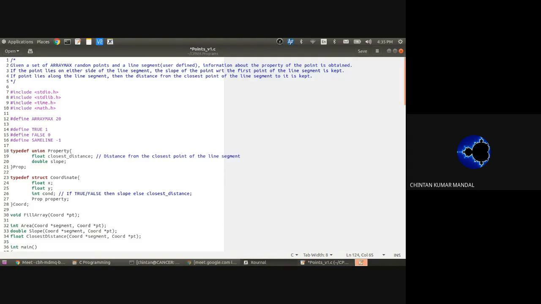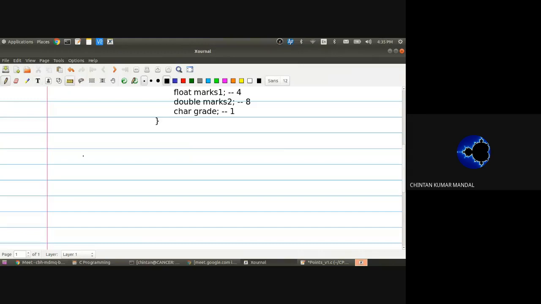You have got a point, and you have got a line. The problem is something like this. All my points lie something like this. This is one point, this is one point. These are all my points.